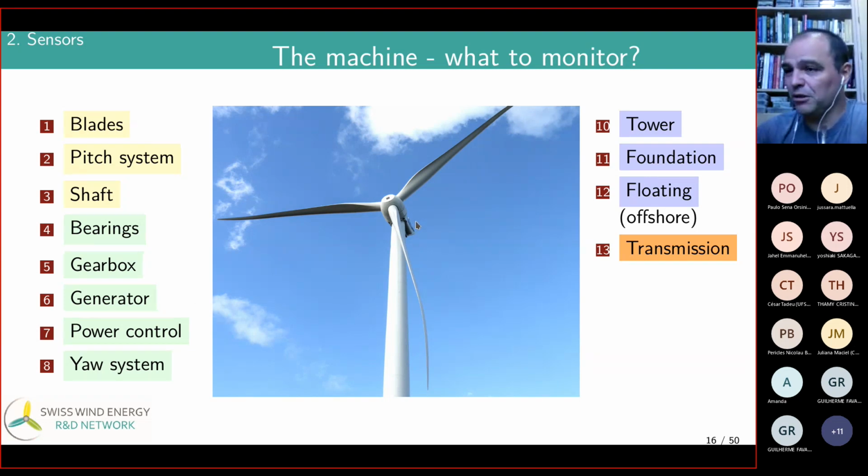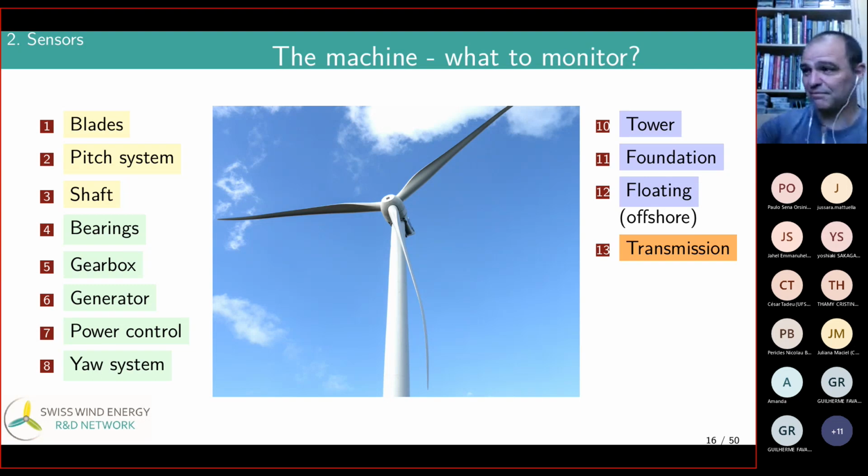We have power control somewhere inside, electronic parts. We have the yaw system, turning the rotor and the nacelle around. There's a tower, and a foundation down below, or a floating foundation or whatever you might have on your offshore park. And after that, we have the transmission. So I counted 13 systems that we might call systems that need to be observed.